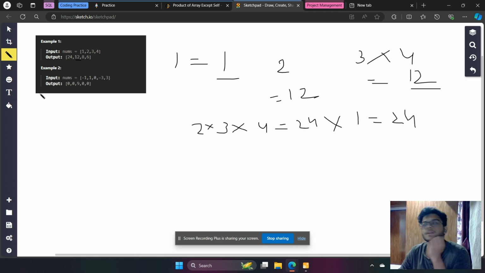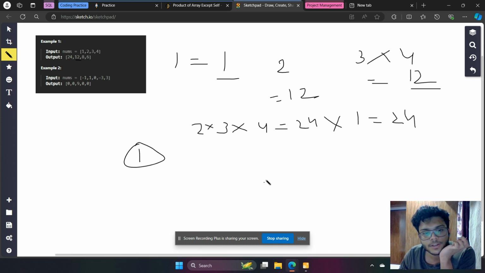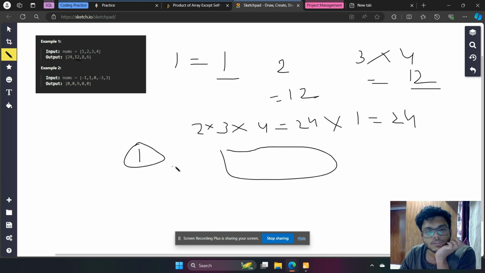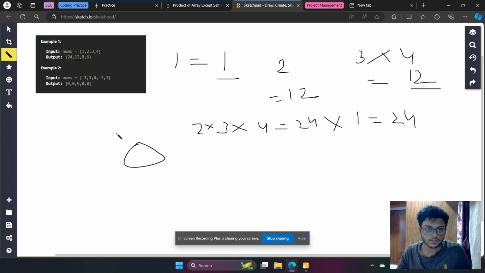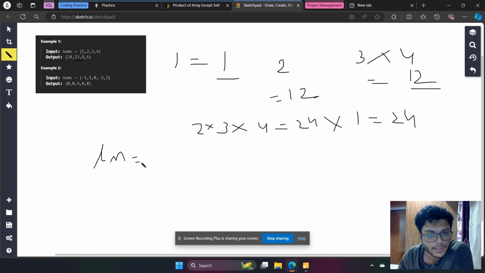So what we need is, for each number, the left side multiplication of it and the right side multiplication of it. If we multiply these two things, we'll get our answer for the current array. So my approach would be to first do the multiplication from the left side and store it in an array, the left multiplication.